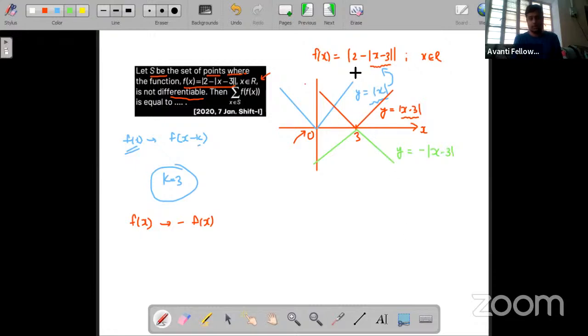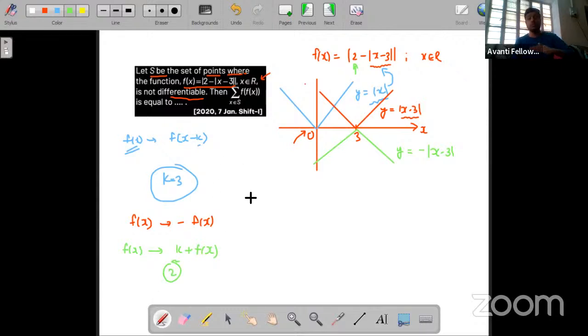Clear? Now what we have to do, we have to add 2. So by adding 2, we are treating f(x) to k plus f(x). Here k is 2. Clear? So what does that mean?